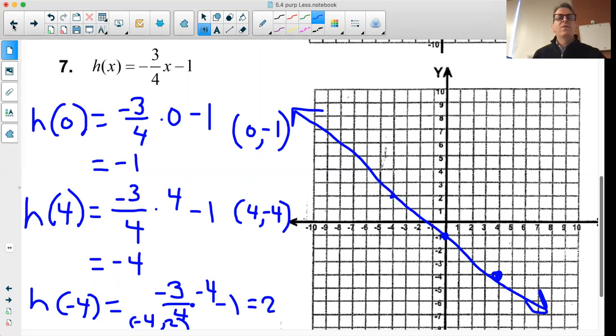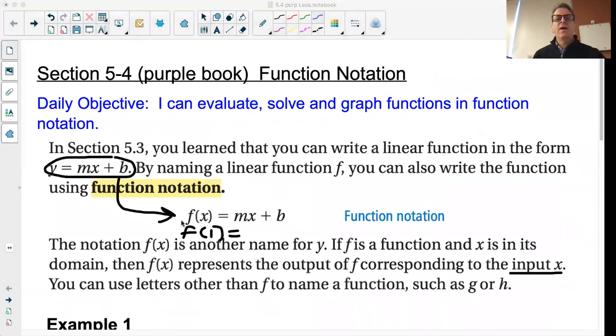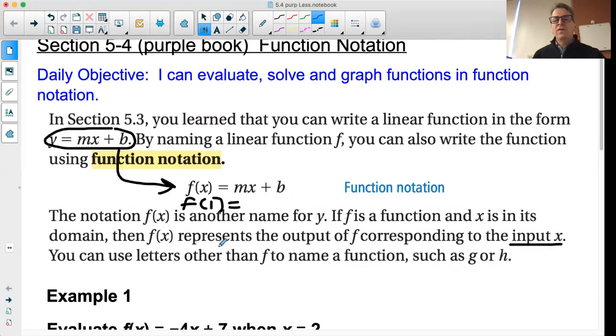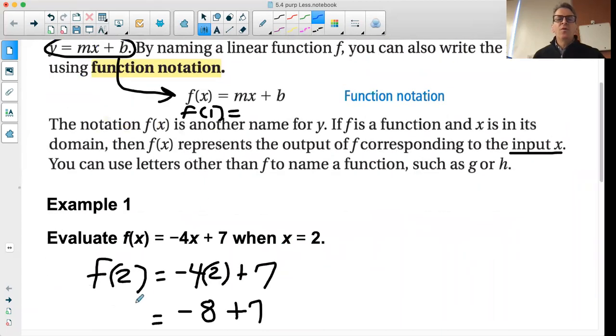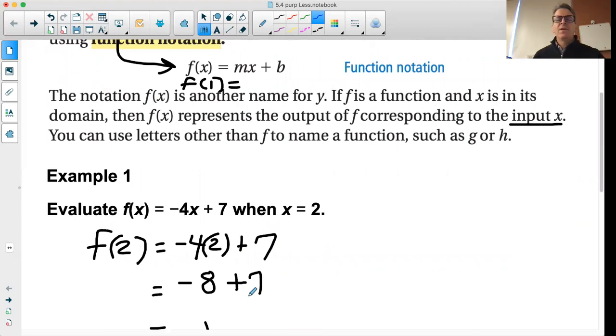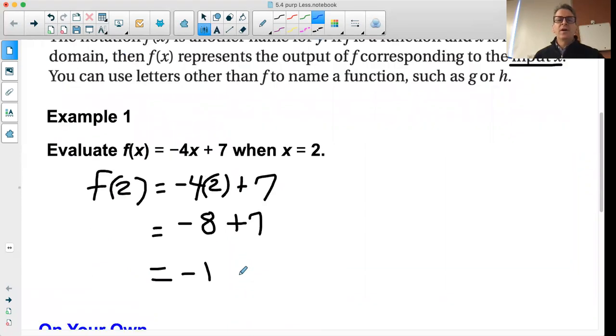You don't want to think much into this other than it replaces the y. And the rest of it's more or less window dressing. So basically it's a way to show right away what that x is. So that's also what's kind of nice. So you can see if it's f at 2, we already know that x is 2.